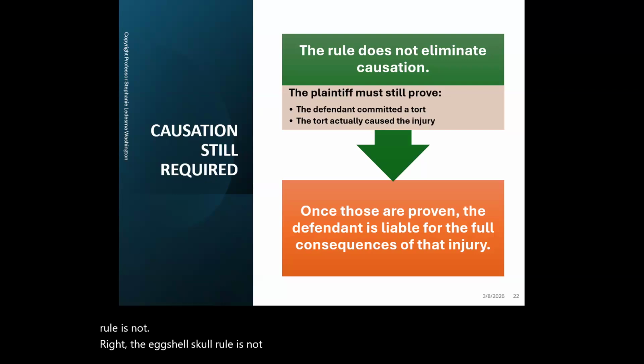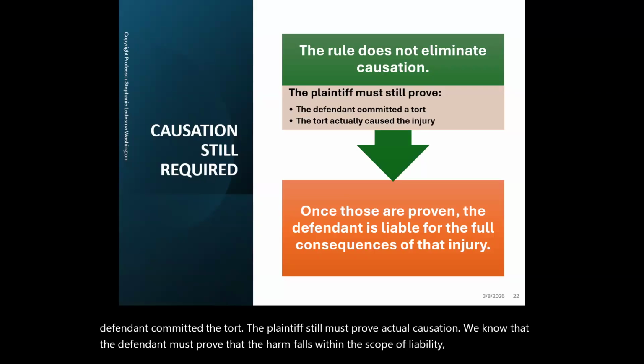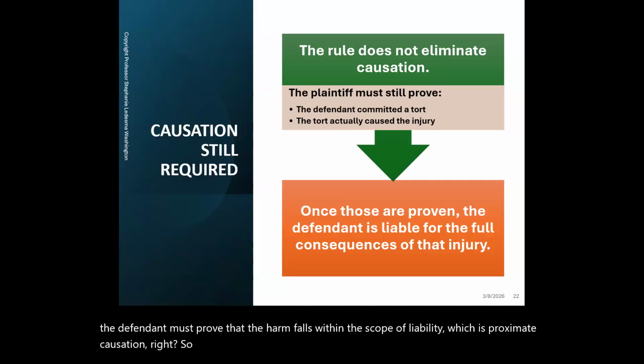The plaintiff still must prove the defendant committed the tort. The plaintiff still must prove actual causation. We know that the defendant must prove that the harm falls within the scope of liability, which is proximate causation, right? So this rule is not eliminating causation.